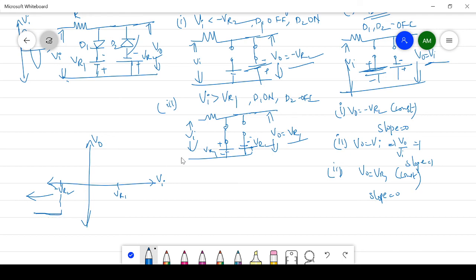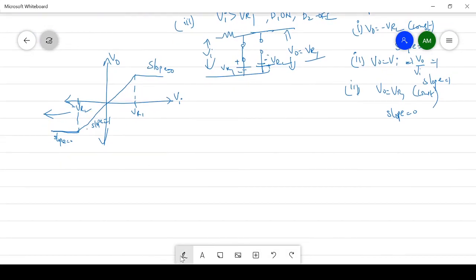In between, where VR1 is greater than Vi and Vi is greater than minus VR2, the slope is 1. Above VR1 the slope is 0 again. The region with slope 1 is the conducting part.